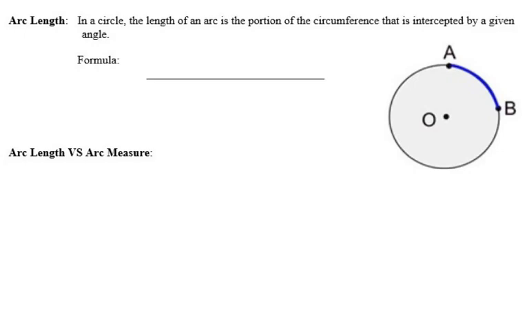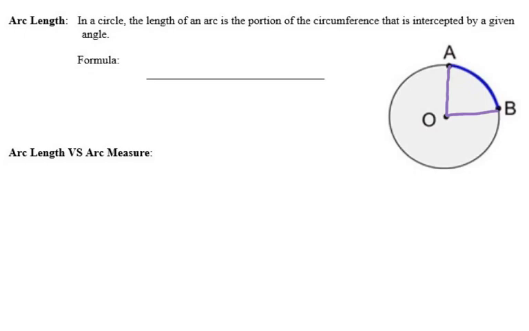by the angle. So for example, if this was my angle AOB, then arc AB is going to be my intercepted arc. If I wanted to find the length of that, then that's going to be an actual measurement, or the portion of the circumference that is going to be intercepted here.